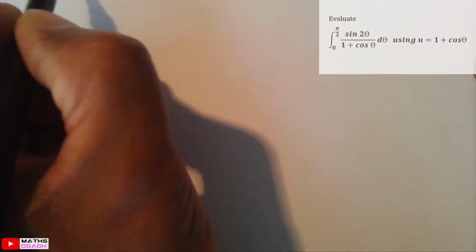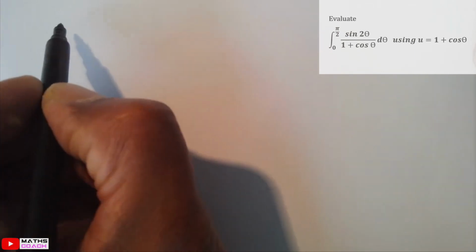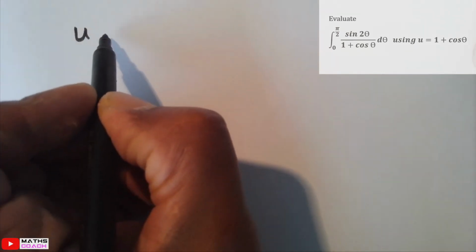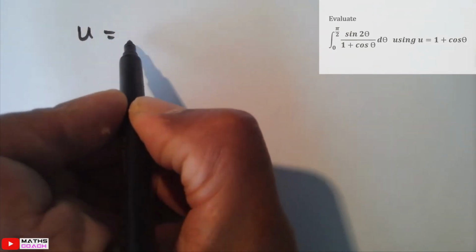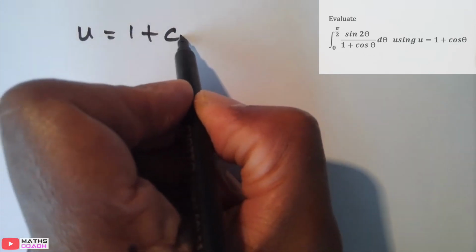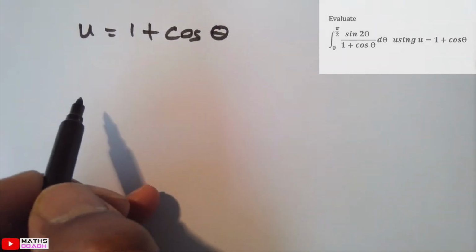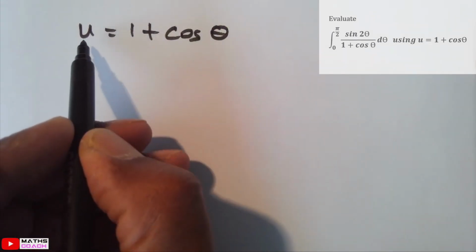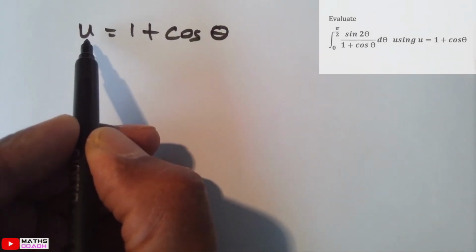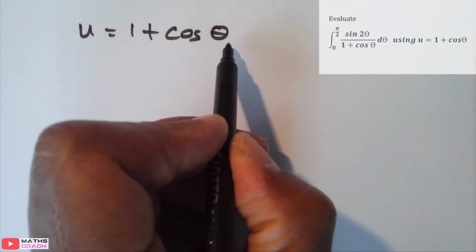So let's write out our substitution. u equals 1 plus cos theta. If you remember from my last videos, the best thing to do now is to differentiate u, in this case with respect to theta.